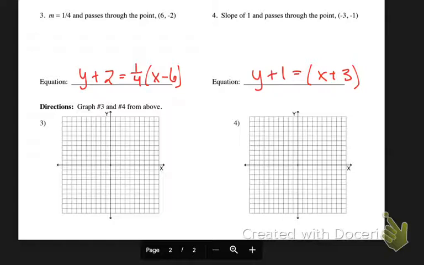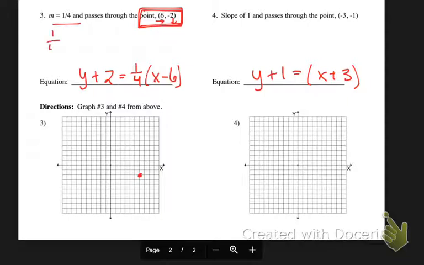The last thing we're going to do is graph number 3 and number 4. Remember, always do slope last. So we want to plot the point first. This means we're going to go right 6 and down 2 from the origin. So right 6, down 2. I think that's it. And then use your slope.